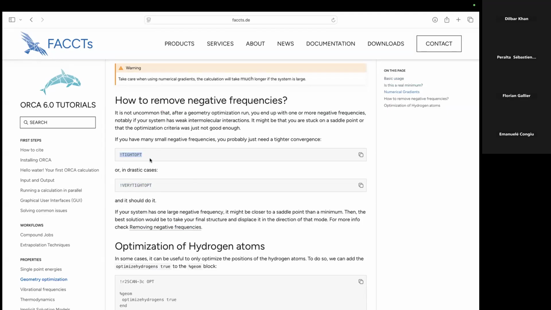Just take the TightOpt keyword and put it in the input file, and then it will eliminate the negative frequencies, imaginary frequencies, because the convergence criteria is very tight now, so it will go to a more accurate minimum structure.